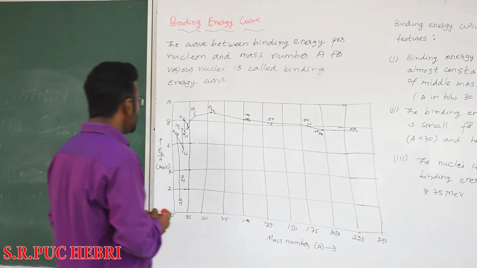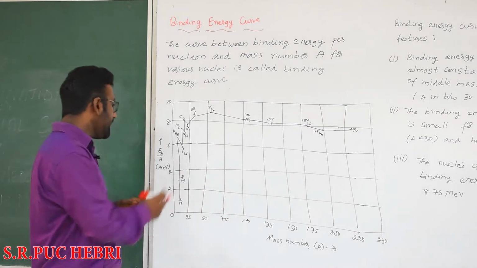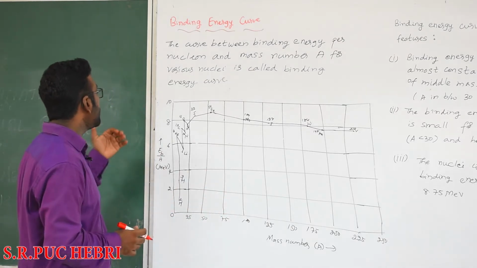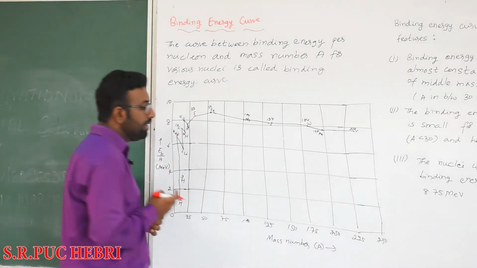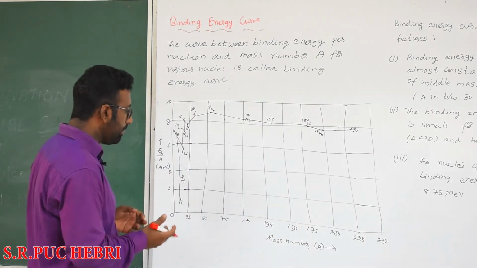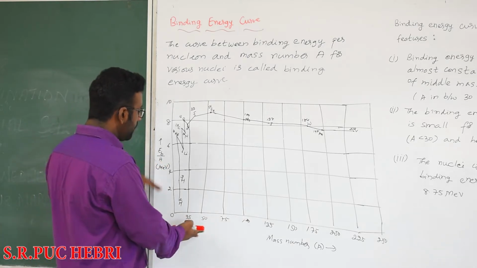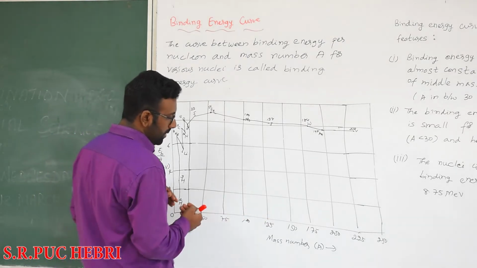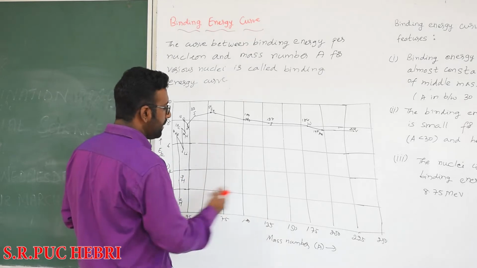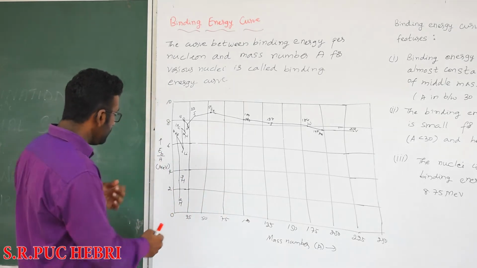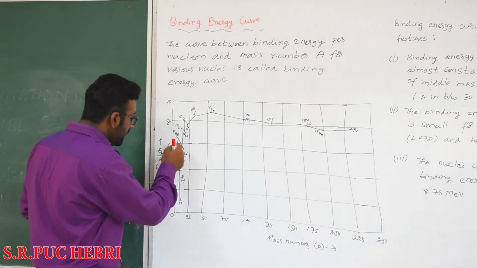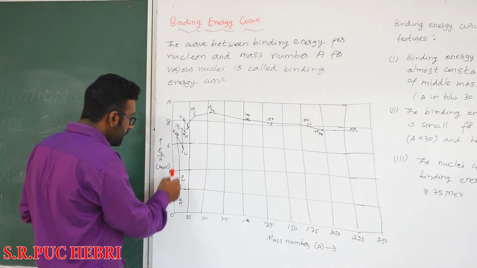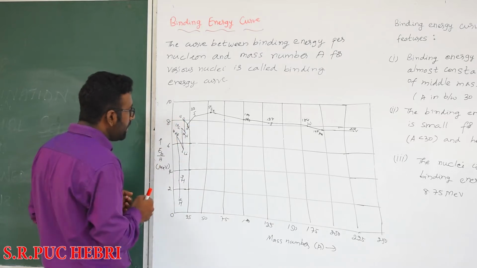So the binding energy curve is a simple idea. We take binding energy per nucleon on the y-axis and mass number along the x-axis, and we compare the binding energy per nucleon for elements of a particular mass number. You can see that below 25 or 30, the binding energy goes on increasing for different elements.